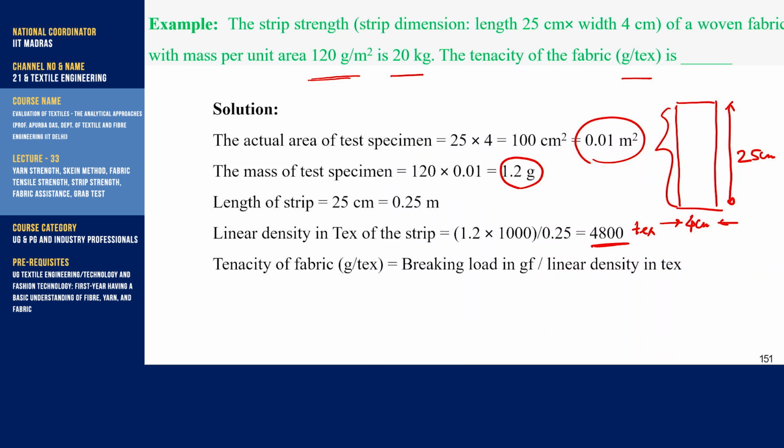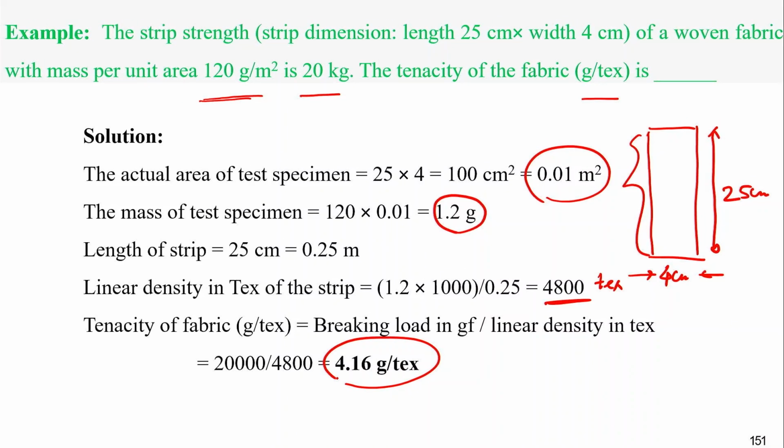If we convert it in terms of gram, it is 20,000 gram divided by 4800. So, we get the value of the tenacity, 4.16 gram per tex. It is basically gram force per tex. In this way we can solve different problems.